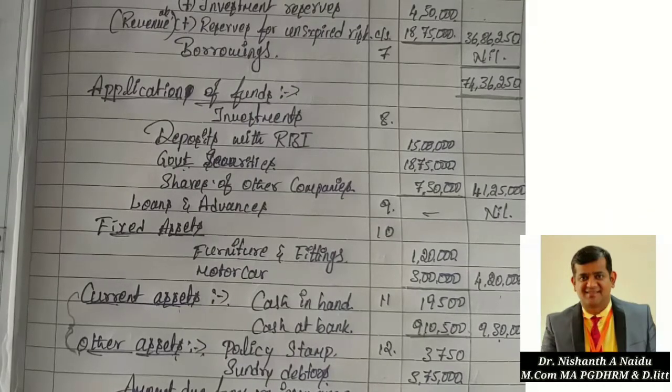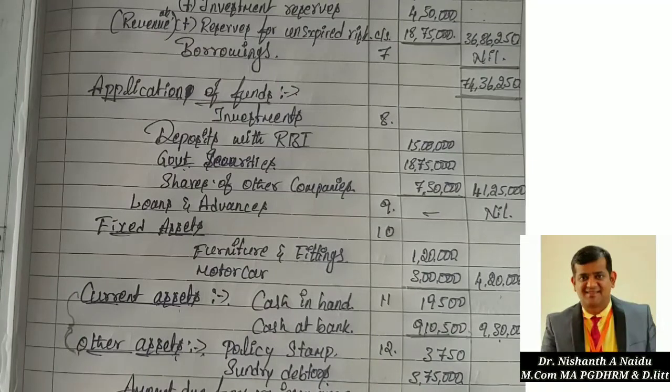Looking at this problem, you will feel it is very difficult and that you cannot solve or understand it. The only problem is you have not yet learned the format of the P&L account and balance sheet of general insurance companies.